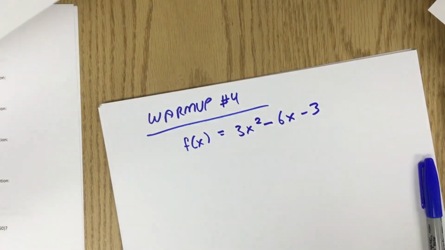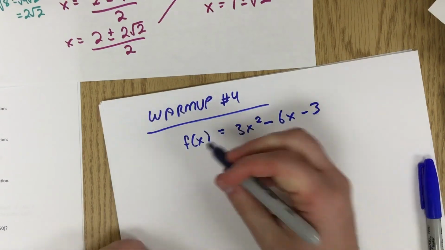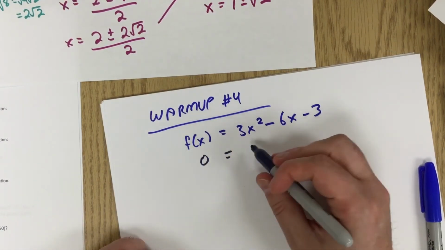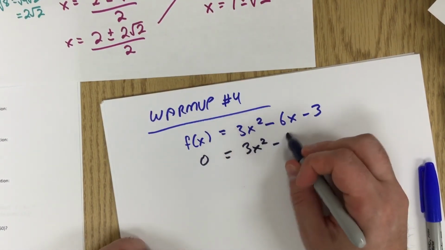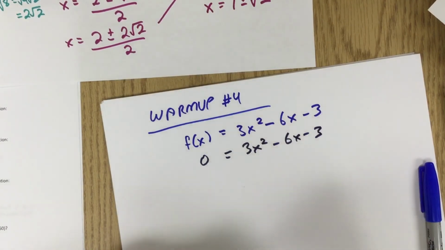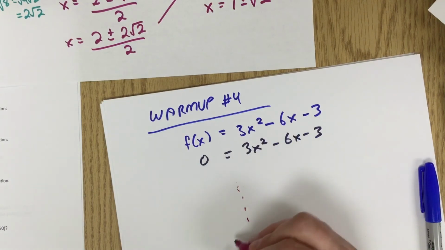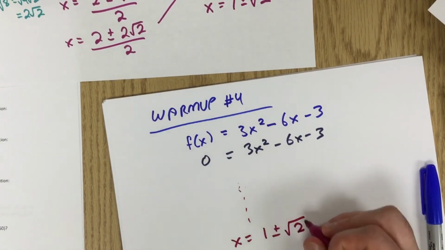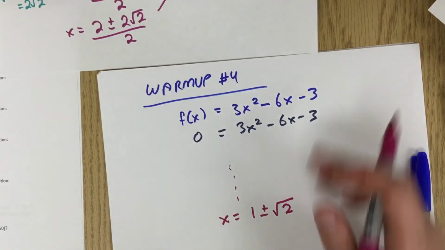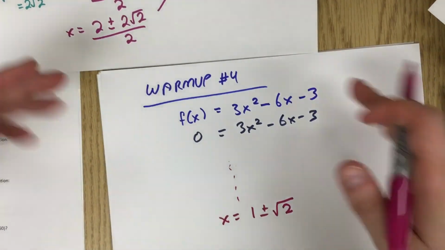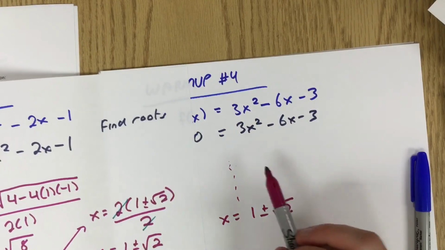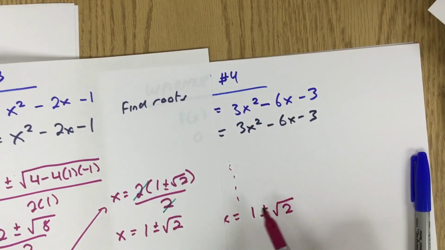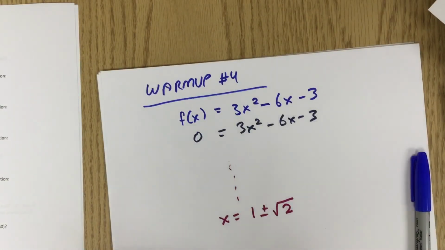So if you solve it, 0 equals 3x squared minus 6x minus 3, and you use the quadratic formula, you would actually end up with x also equal to 1 plus or minus root 2. And so yet again, the point is that you could have the same roots, but they come from different equations. These are kind of in the same family of equations.